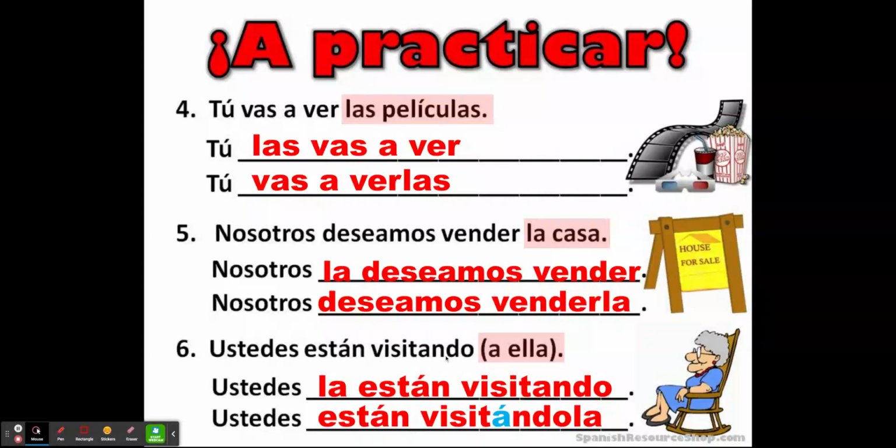When you have the ando, están visitando, you are going to add an accent mark to the A. Visitándola. So this is something to remember. In addition to that, two verb sentences, you need to simplify them in two ways.